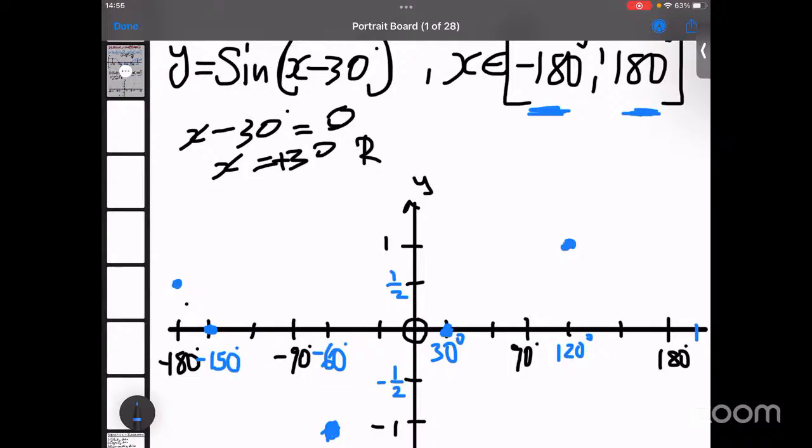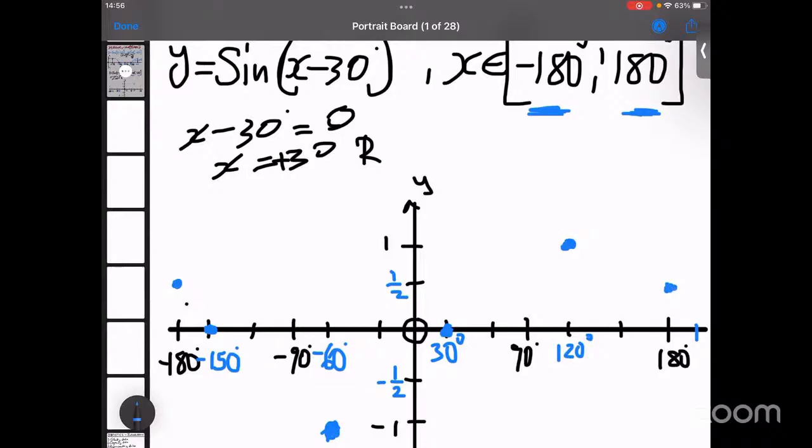Okay, from there I go to the next one. I can't go to the next critical point, but I'll have to go to that one of 180 because they said I must include that 180. And it gives me half, but a positive half. And that's why I'll put a dot there.